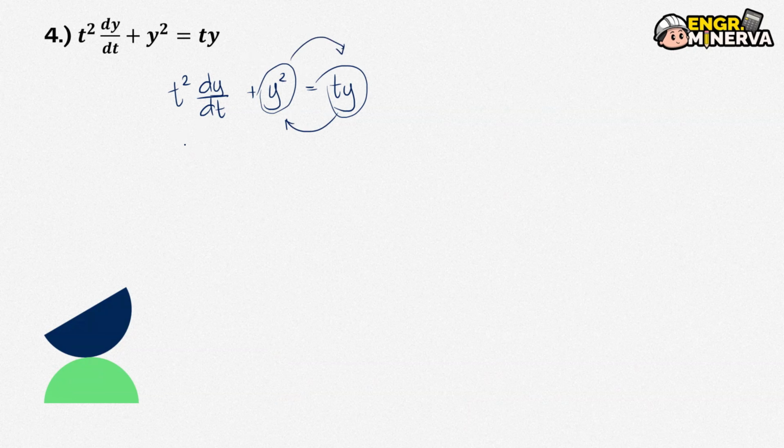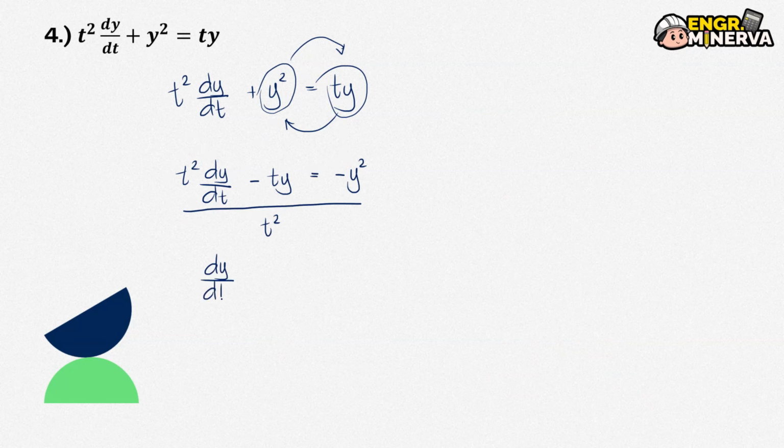Okay. So that would be t squared, derivative of y with respect to t, minus ty equals negative y squared. Then we divide the whole equation by t squared to isolate your derivative of y with respect to t.